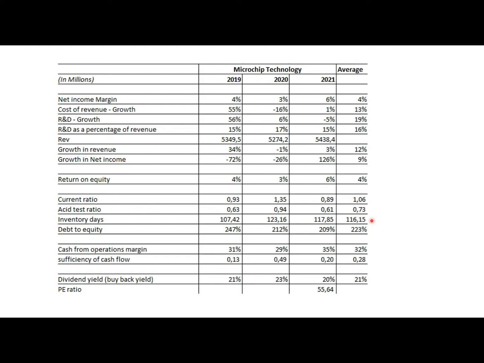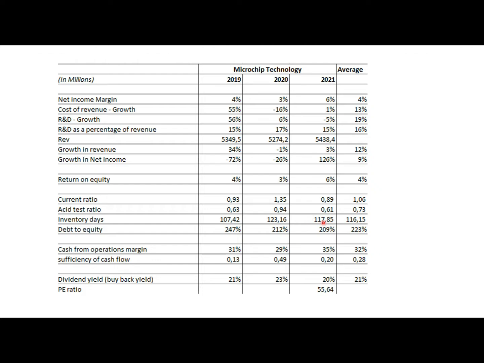So that is worrying, because reading all of these liquidity measures together, Microchip does not have enough current assets and enough liquid current assets to settle current liabilities as and when they fall due. On top of that, you hold way more stock than you need to compared to the industry.